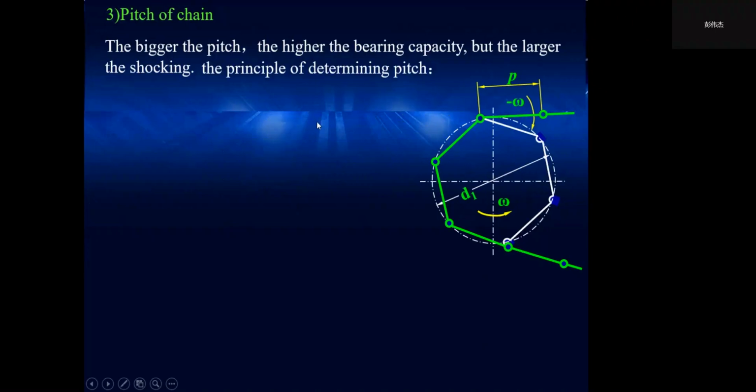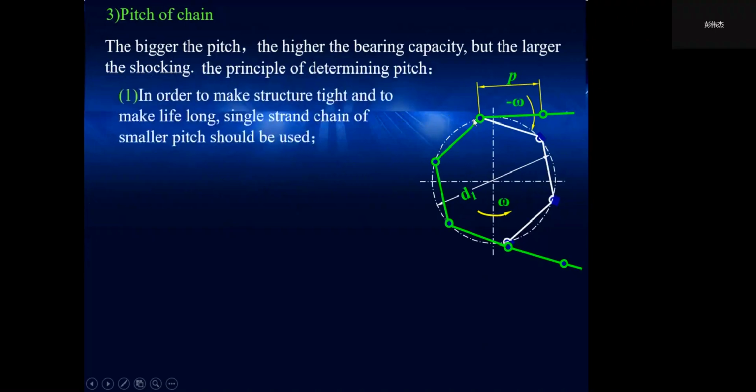And the principle of determining pitch is, first, in order to make the structure tight and to make life long, a single strand chain of smaller pitch should be used.